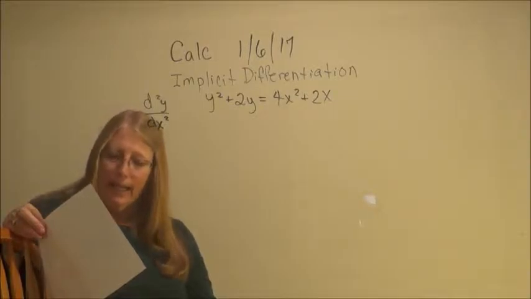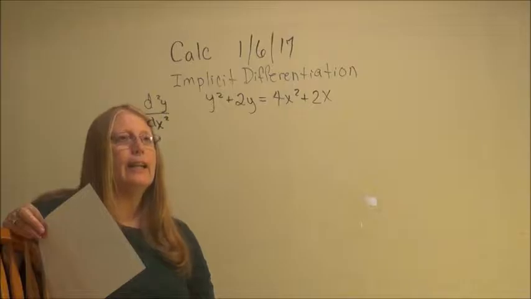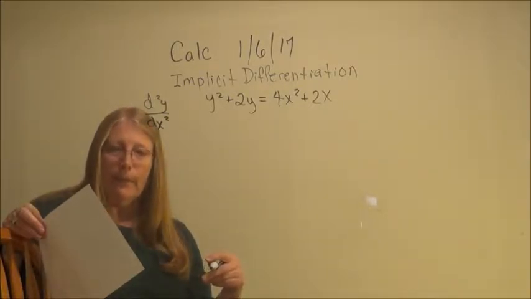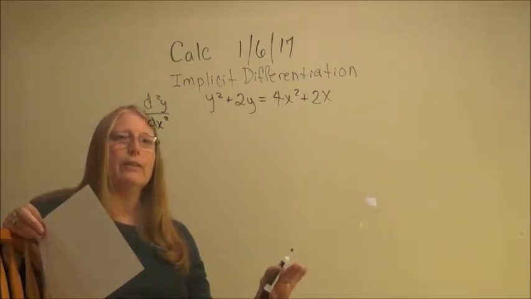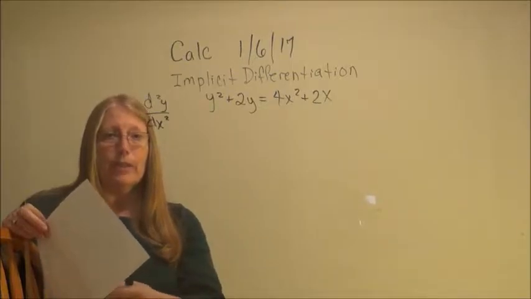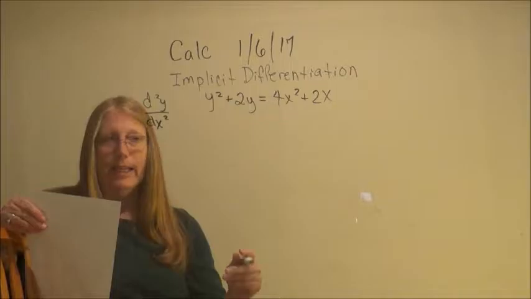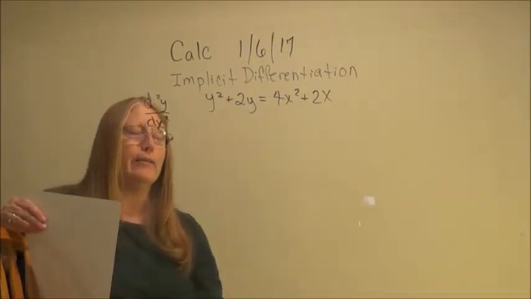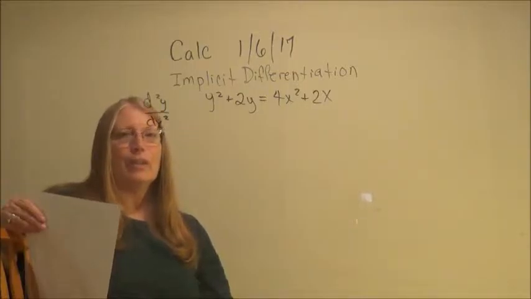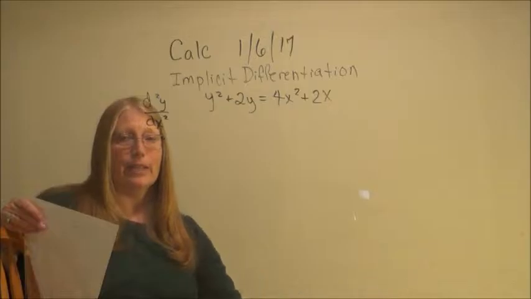So go ahead and pause and find the first derivative just like we did on the previous example. And then I'm going to continue with not showing you all the steps, but confident that you will agree with my final step for the first derivative. So find dy/dx by differentiating from left to right and getting all the terms with dy/dx on one side and every term without dy/dx on the other.